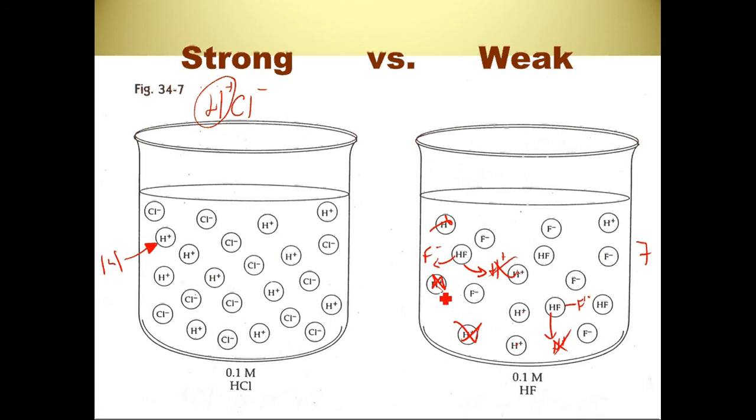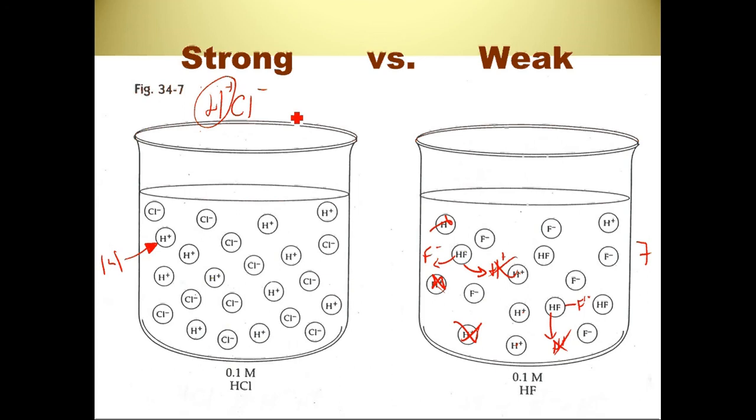That's going to shift the reaction to the right, of course, but it's going to take time. Either way, if you put something in either one of those, they're still going to get corroded. Like I said, the hydrofluoric takes more time. The hydrochloric is going to happen quicker because it's stronger.